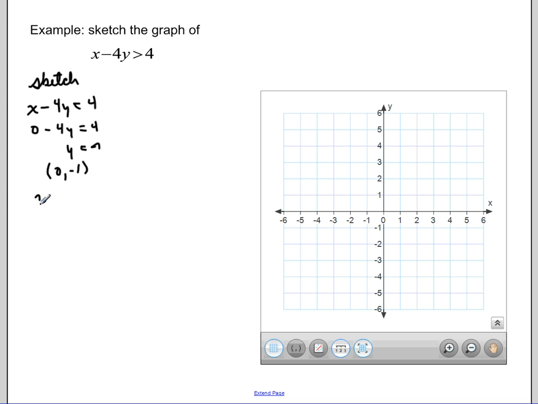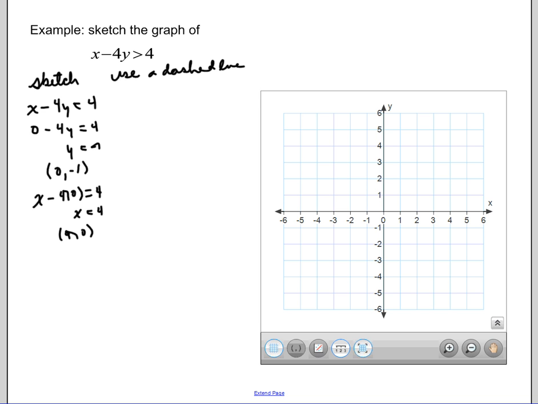And if we let y equal 0, we get x minus 4 times 0 equals 4, which is to say that x equals 4 is our x-intercept, the point 4, 0. So if we were to plot this one now, we have to use a dashed line to represent strictly greater than or less than.